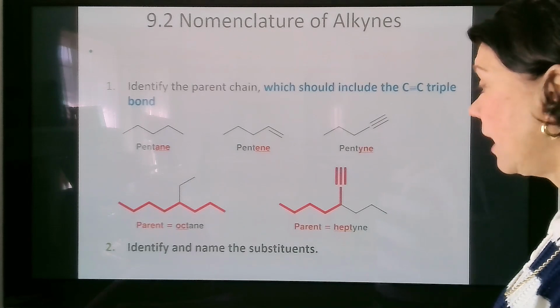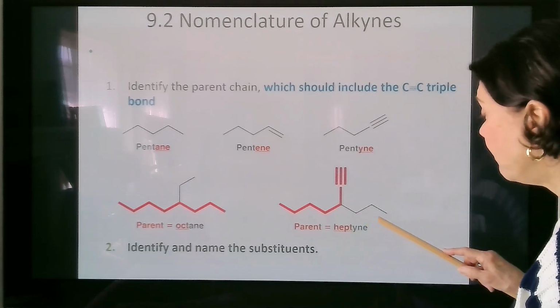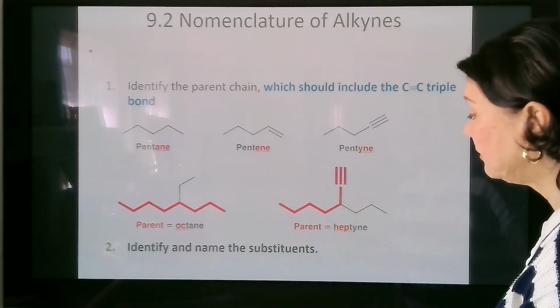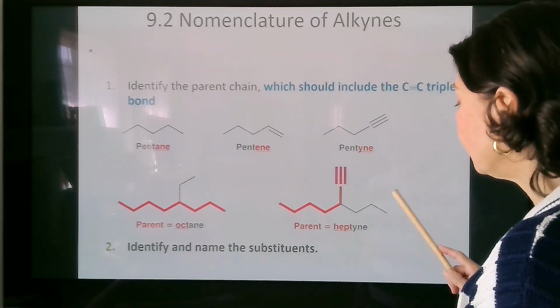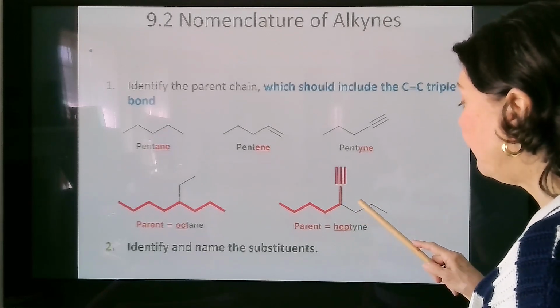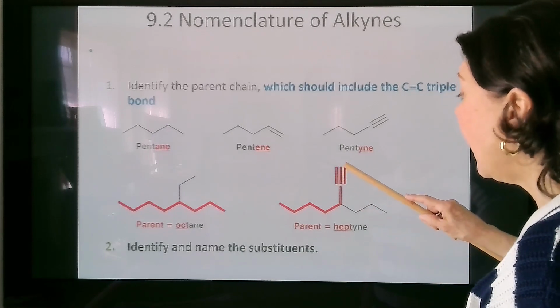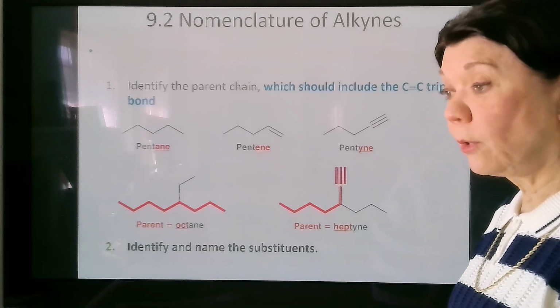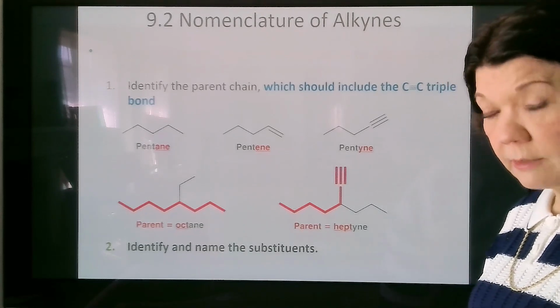You don't have to specify it. And so here we have a propyl group, and this is at the 1, 2, 3 position. So this is going to be 3-propyl hept-1-yne, or 3-propyl-1-heptyne.